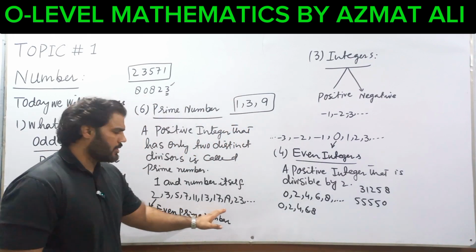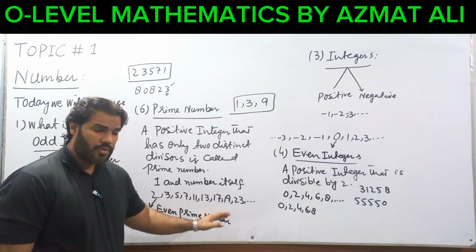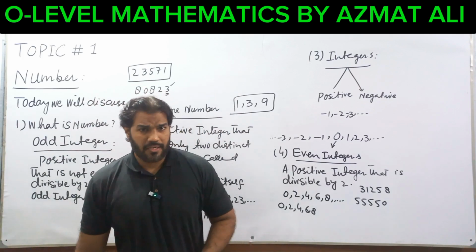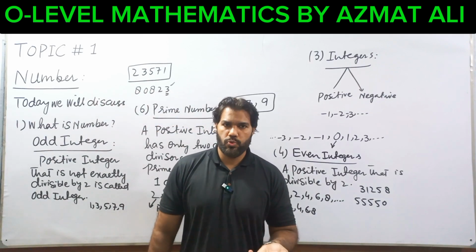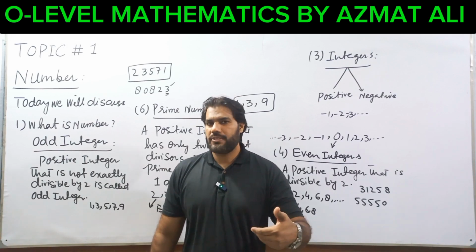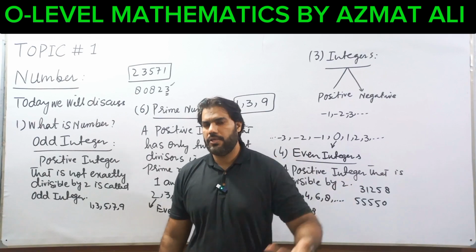So these are some of the starting prime numbers. There are different criteria that can be used to find whether a number is prime or not. That we will discuss inshallah in coming lectures.